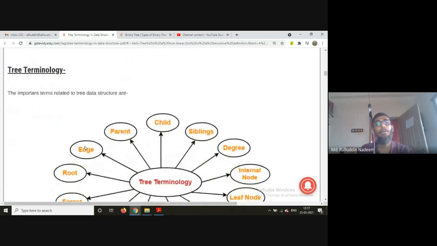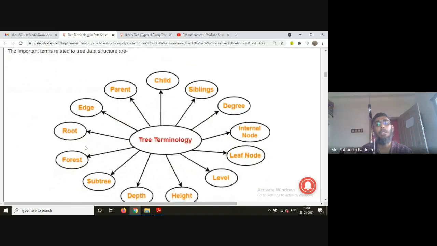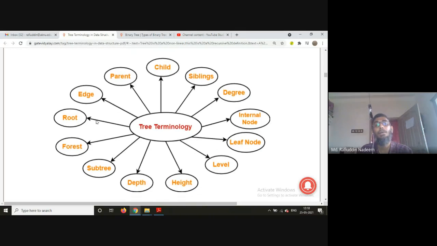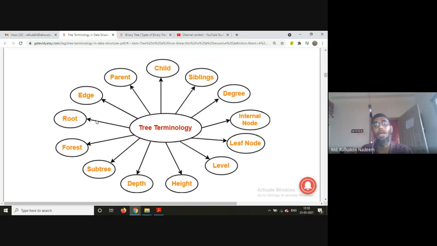Then, different terminology. You need to have an idea about this terminology: parent, child, siblings, degree, internal node, leaf node, level, height, depth, subtree, forest, root, edge. We should have an idea about all this terminology, and you must be thorough with it because these may be asked in interviews also.